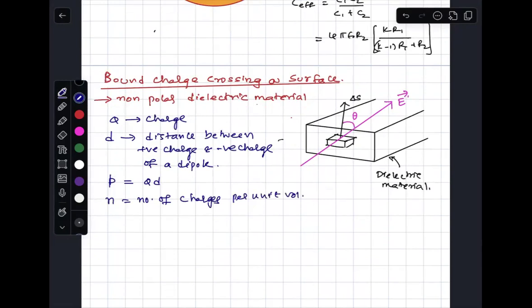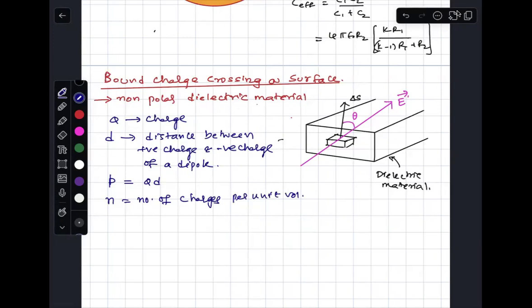Number of charges per unit volume. I have started just now. Please follow. Bound charge considering a surface is the concept, where I am speaking about the basic construction of a non-polar dielectric material. I am speaking about one dipole, one molecular dipole, basically.